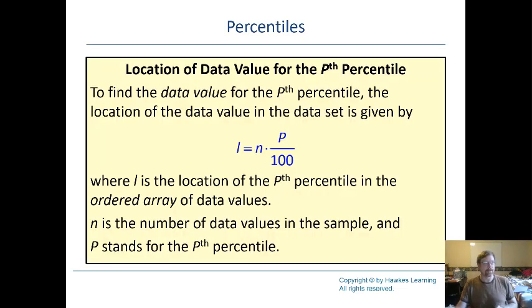So here, i is the location of whatever percentile we're after. So that would be the data value corresponding to that percentile. P is the percentile we're looking at. So if I'm looking at the 80th percentile on the ACTs, that'd be 80. n is the number of data points.